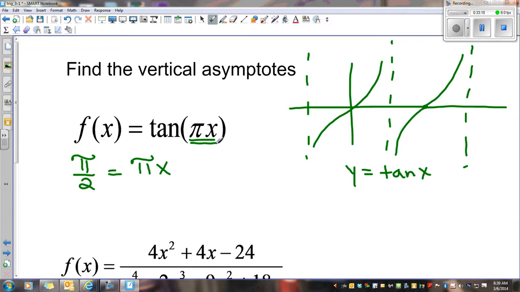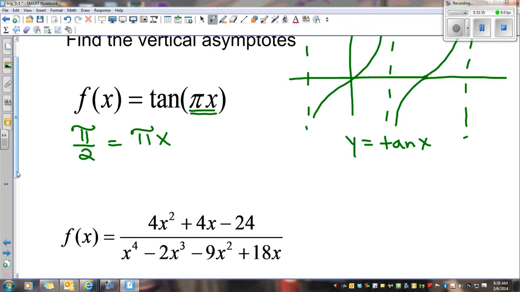So Mark said, I got to figure out where that happened first. I'll make my angle equal to this, and I'll figure out the first x where that happened. When you solve this, what do you get? 1/2 is equal to x.